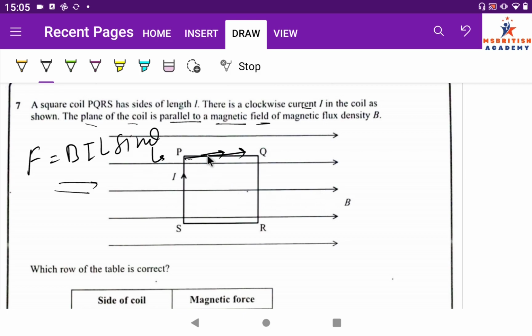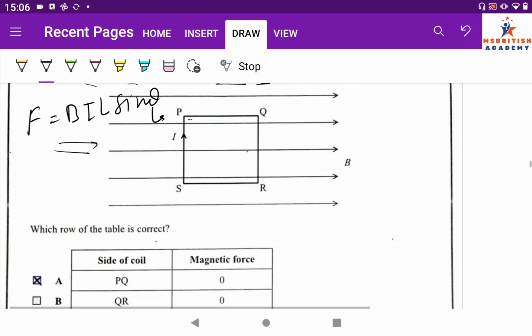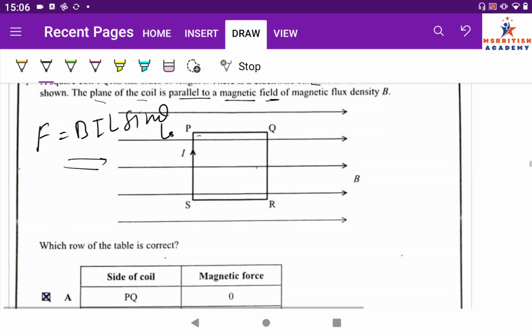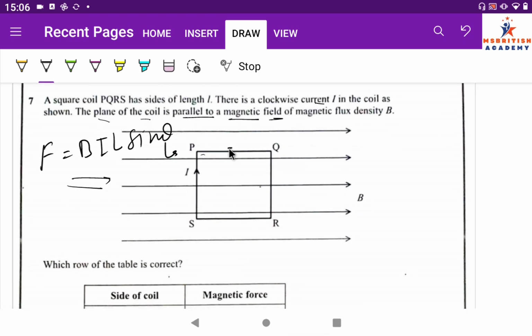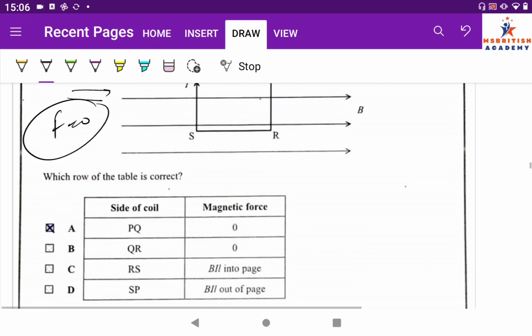In the case of PQ, the PQ direction and the magnetic field direction are parallel, so the angle is 0. In that case, the force will be 0 in PQ. But in the case of QR, it is perpendicular, theta is 90, and the force cannot be 0.